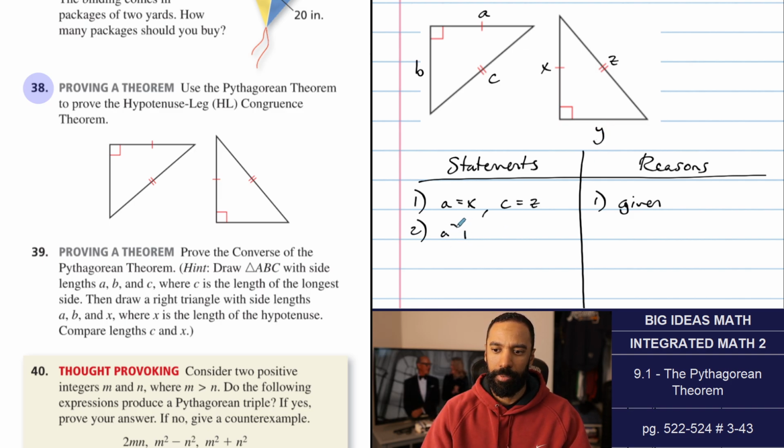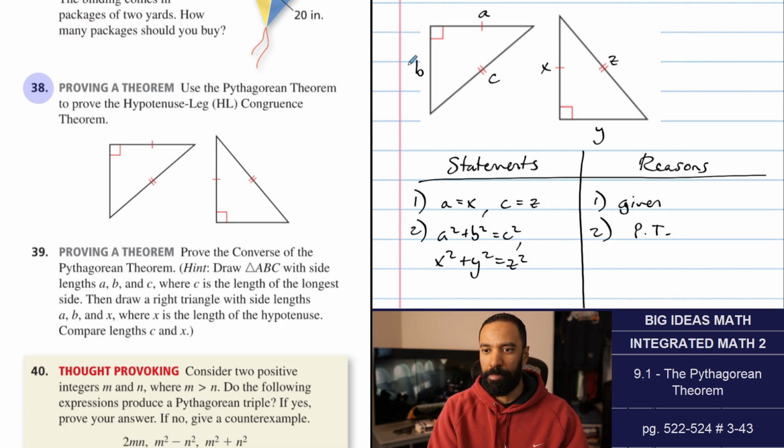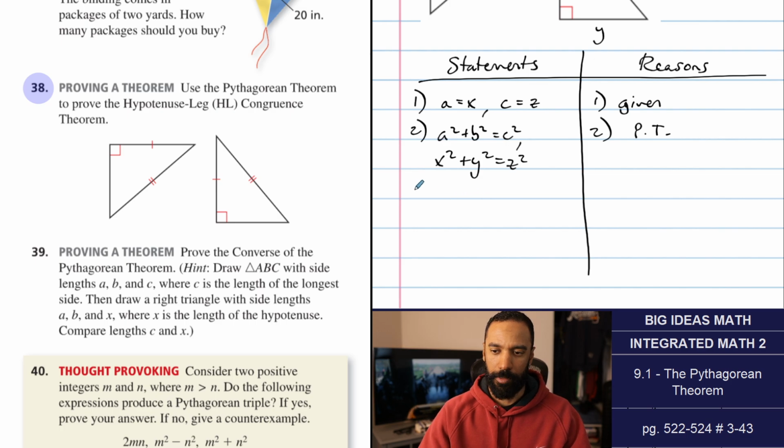A squared plus B squared equals C squared, and X squared plus Y squared equals Z squared. This is the Pythagorean Theorem, I'll just put PT. Now I'm going to get B and Y by themselves on both sides of the equation.